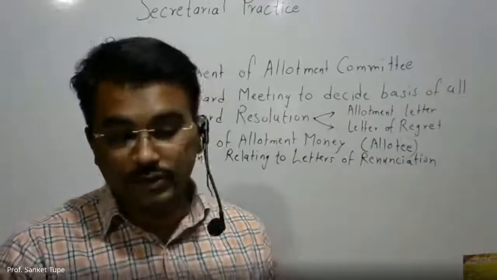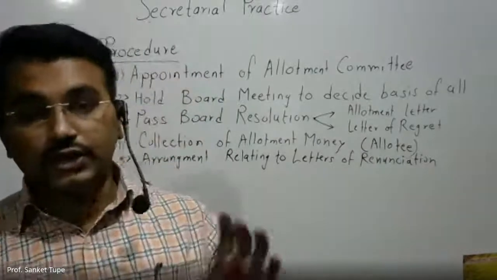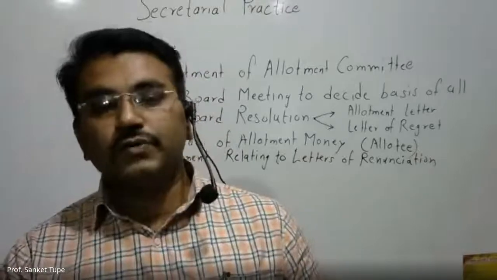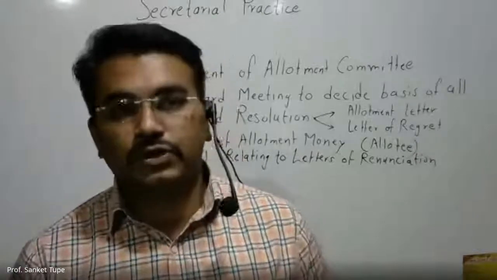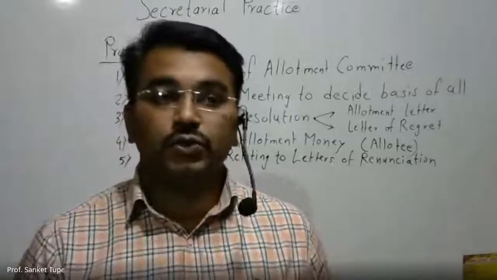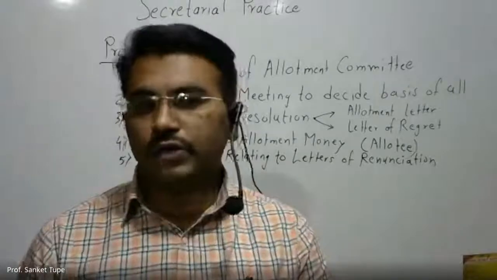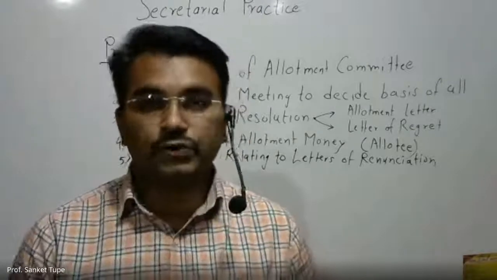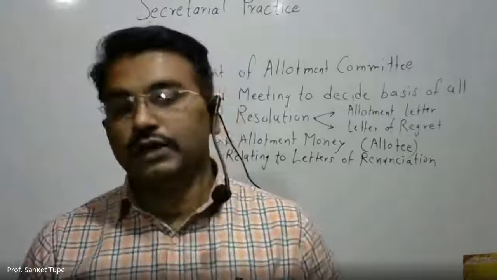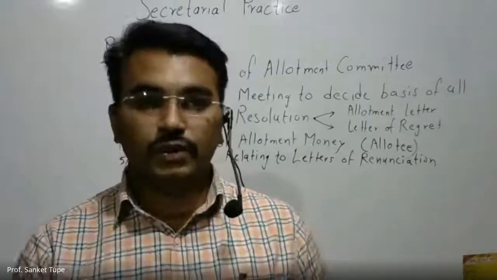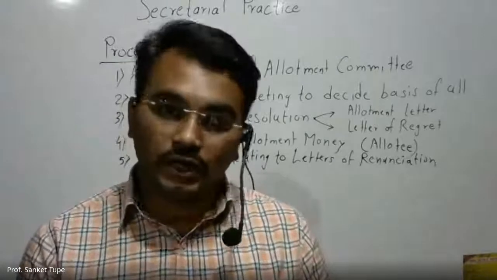That letter must be arranged along with the allotment letter, because if some persons who are going to be members of the company decide to give up the shares to another person, that is possible through letters of renunciation. That letter must be filled by the person who has been allotted the shares.